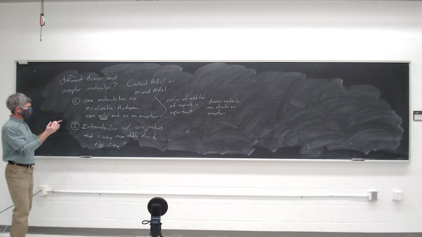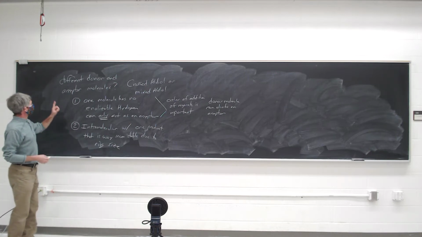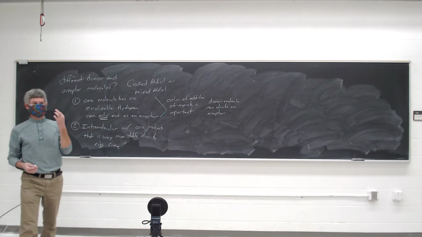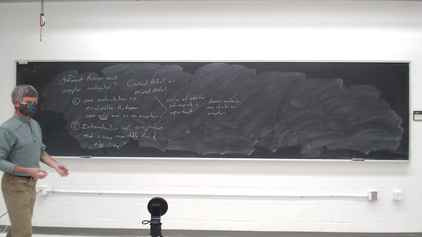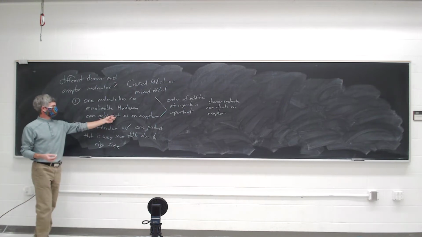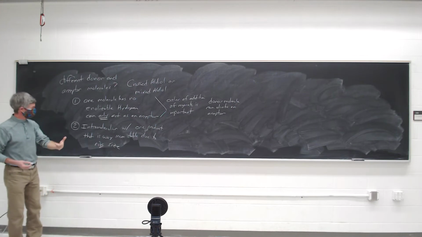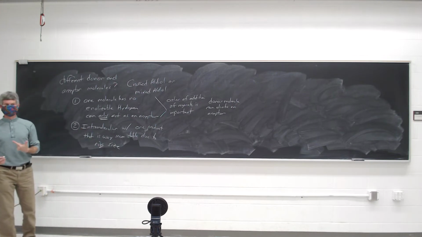So let's take these examples in turn. So we know the aldol condensation is useful if your donor and acceptor are the same. It can be useful if one molecule is only an acceptor and not a donor, and it can be useful intramolecularly.